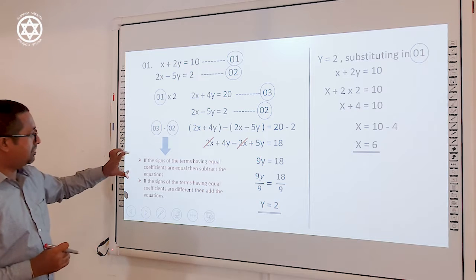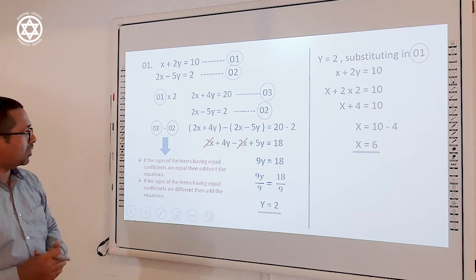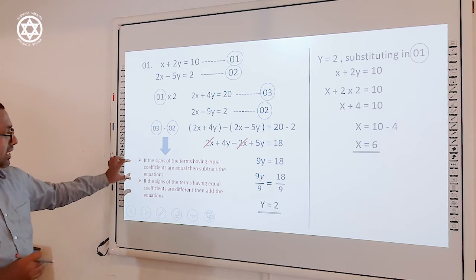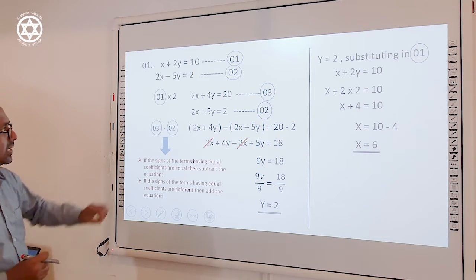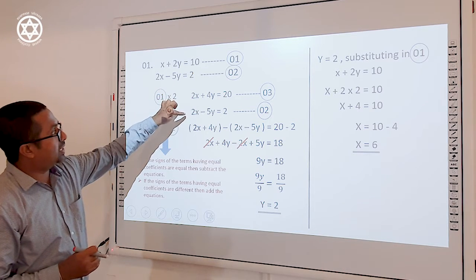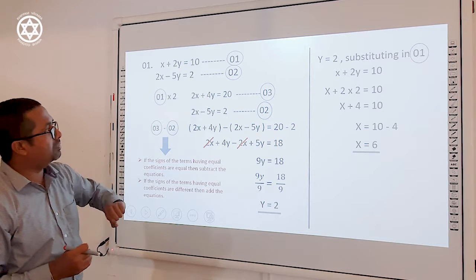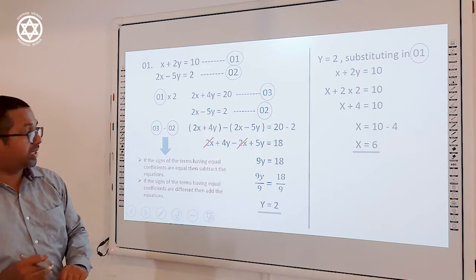Then this is the way we select the operation. If the signs of the terms having equal coefficients are equal, then you can subtract the equations. Can you understand? If the sign here is plus and the other one is also plus, then to remove 2x from these two, you can subtract the equations.